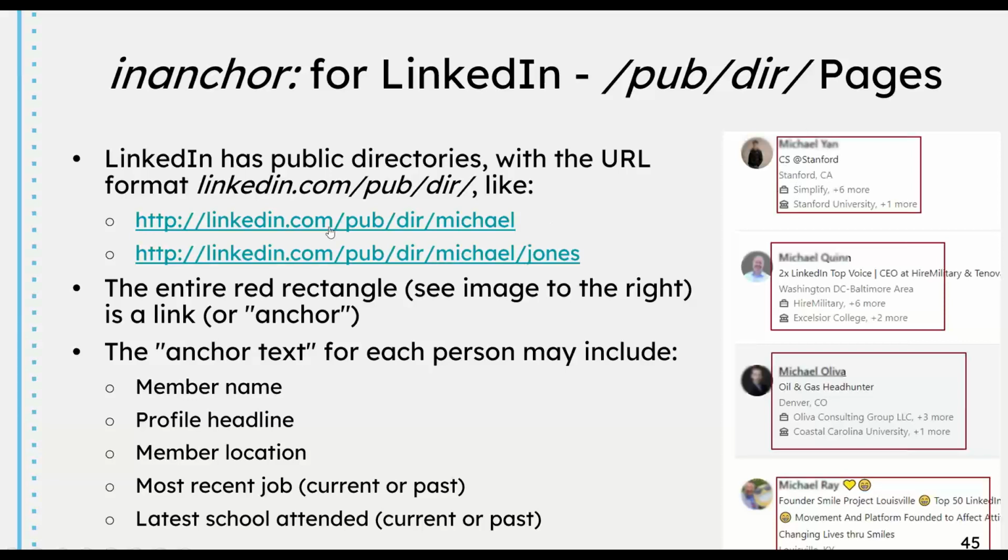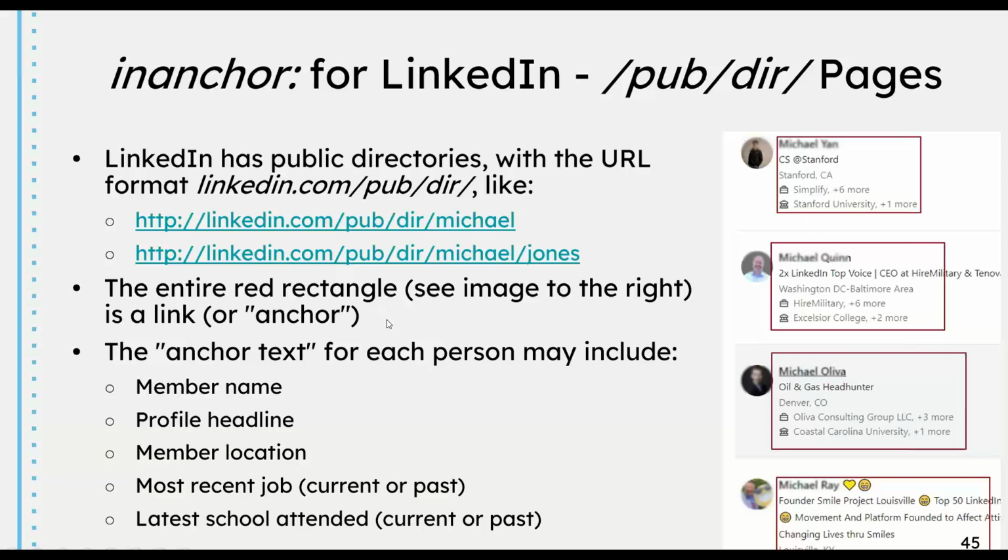So if we use in-anchor, it's going to look at the text in each block to see if those keywords appear, because underneath each of these little blocks of text is a link. That link goes to this person's profile. While there may be other pages on the web that link to this person's profile, we know for sure that this page links to that profile with certain standardized, structured terms that we can search for.